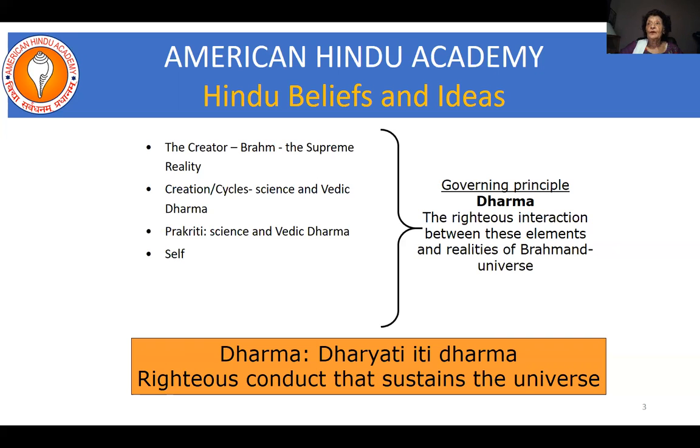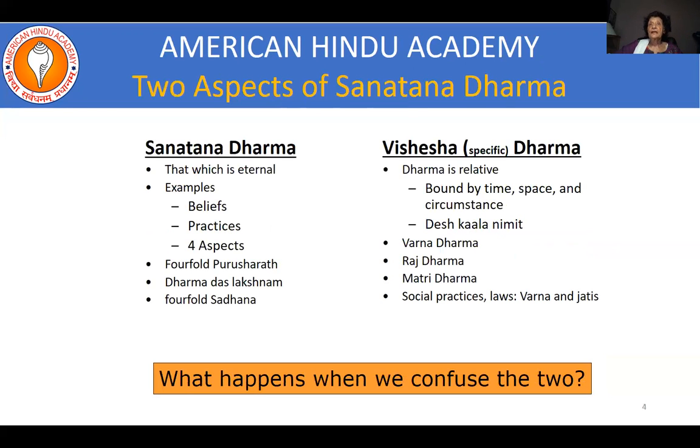Now we go to some other aspects. In Sanatana Dharma, we are going to talk about how to teach the belief system, key components like major beliefs. And then how do they practice Hindu practices, and what are the aspects of Sanatana Dharma?